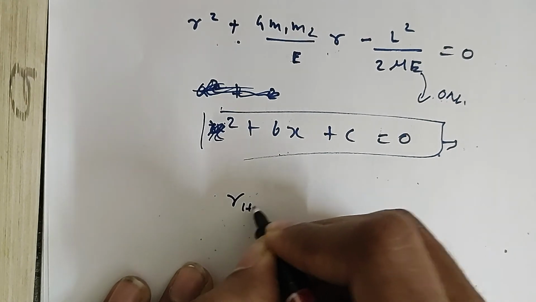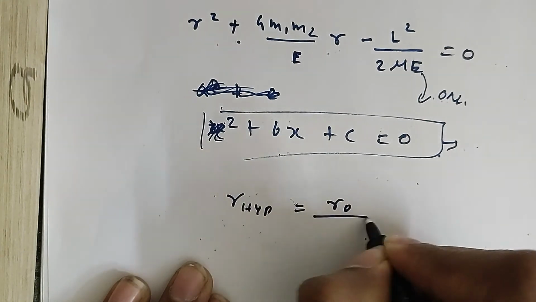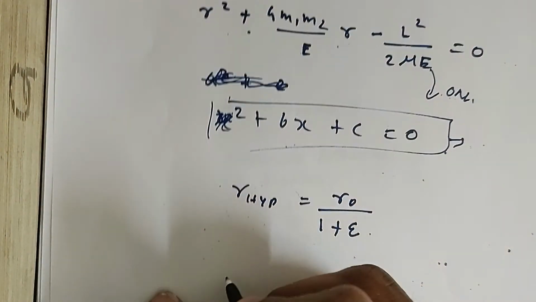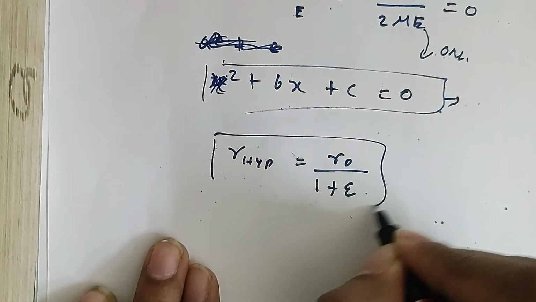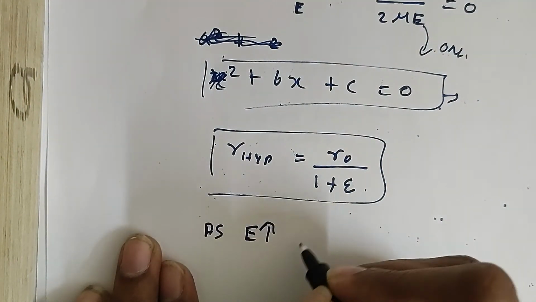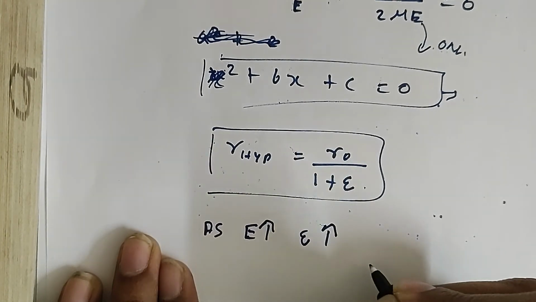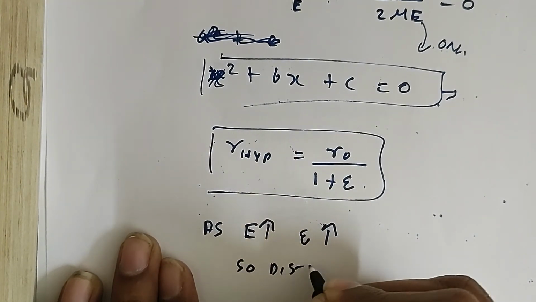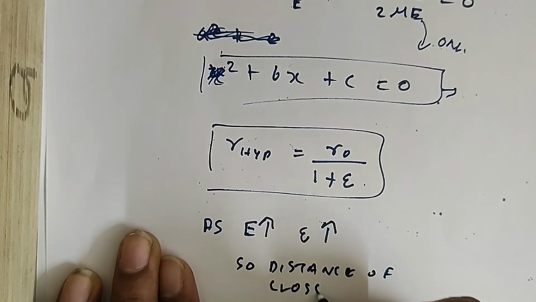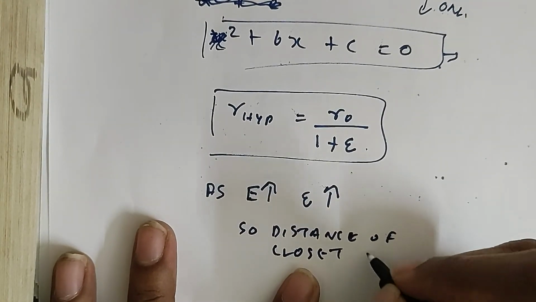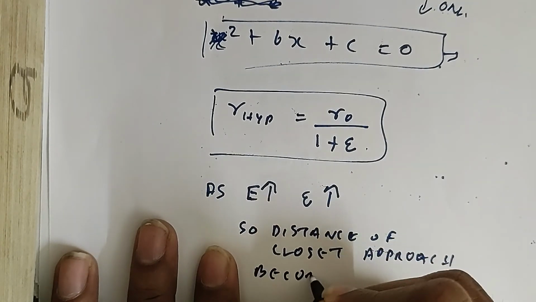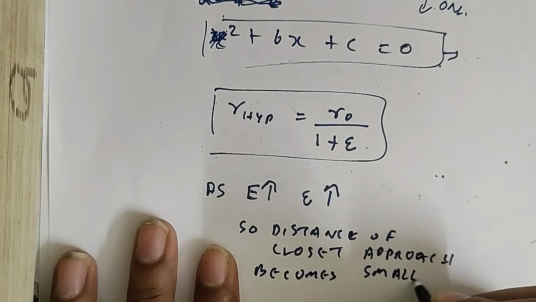Thus I can define my r hyperbolic is equal to r naught over 1 plus epsilon. So as energy increases, epsilon increases, so the distance of closest approach, which we defined just 10 minutes ago, becomes smaller.